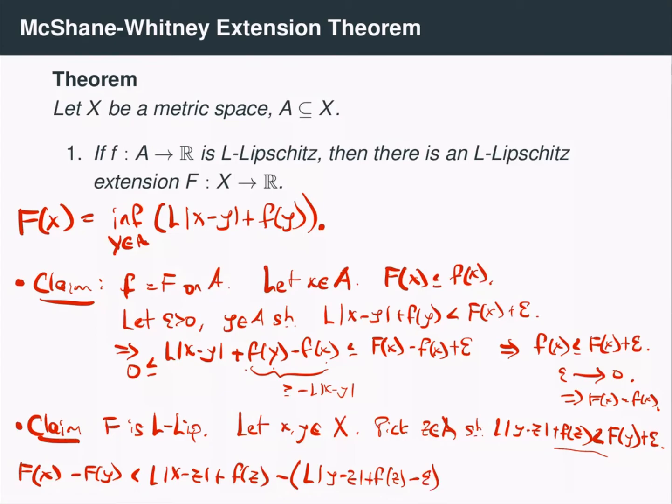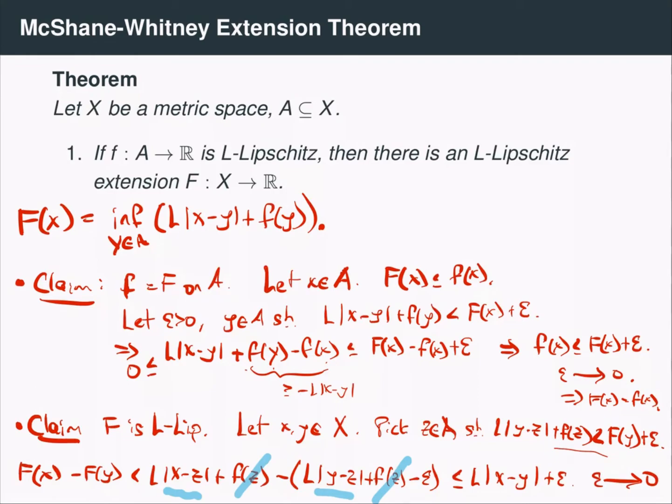Okay, so notice that this f of z and this f of z are going to cancel. And by the reverse triangle inequality, we can combine x minus z minus y minus z and bound that above by, so this will just be at most L of x minus y. And then we have minus minus epsilon plus epsilon. And then now we let epsilon go to 0.